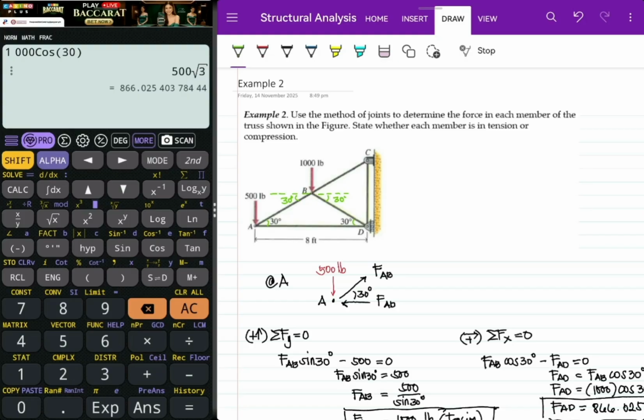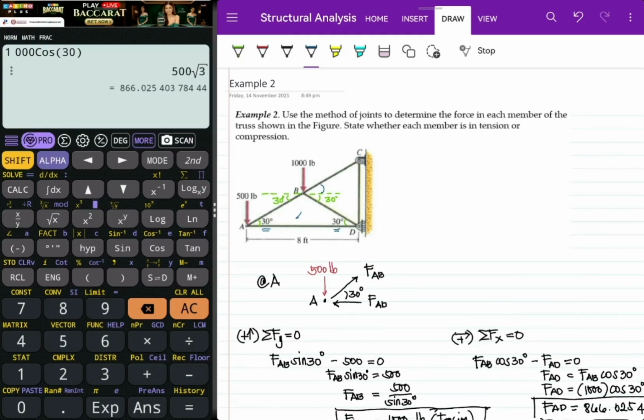Now you might be wondering, what's the value for this angle here? If this is 30 and this is 30, that is 60 degrees already, and inside this triangle is 180, so this is 120 degrees.